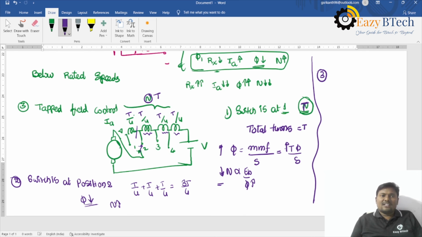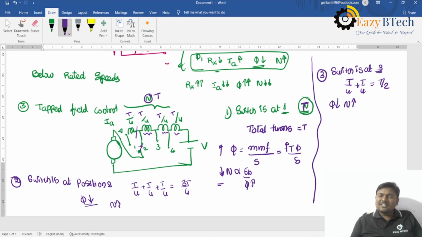Coming to case 3, the switch is at position 3, and only t by 2 turns are included.